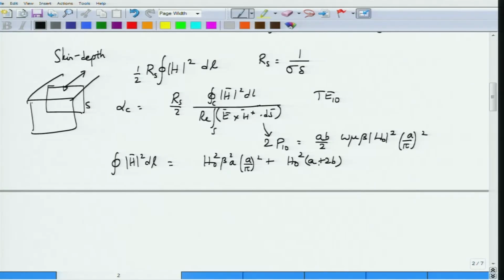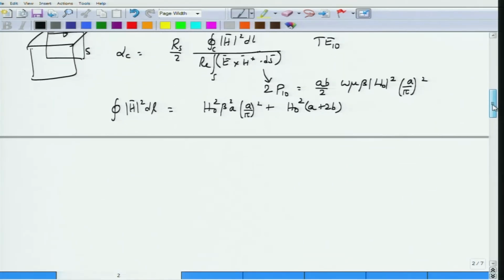So, there are 3 components here. One component comes from the x equal to 0 and x equal to a walls, where H will be just H0 squared. Then there are 2 surface currents sitting at the y equal to 0 and y equal to b walls, and those contribute to the other 2 terms. And this is all after performing the calculation.